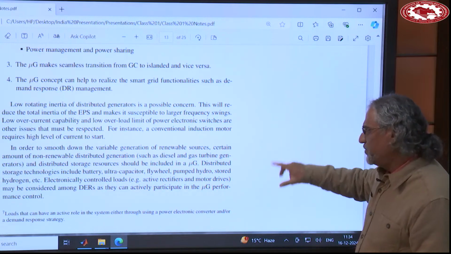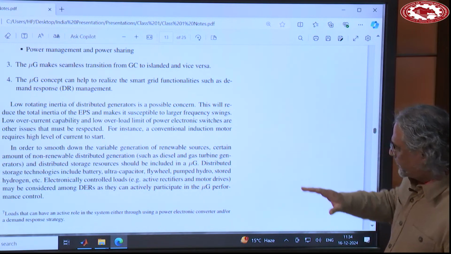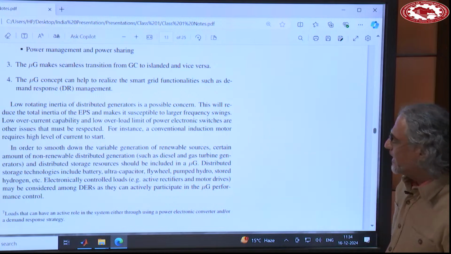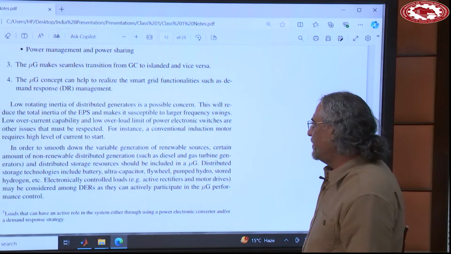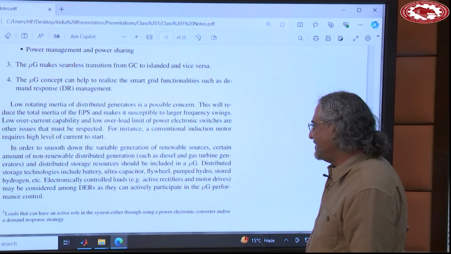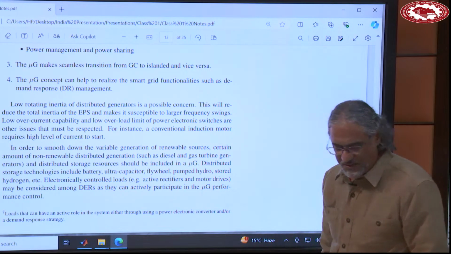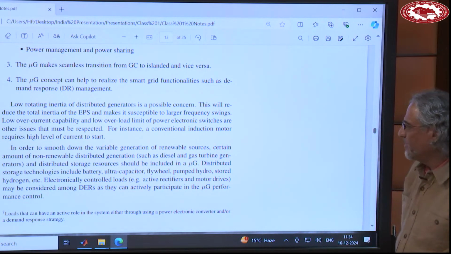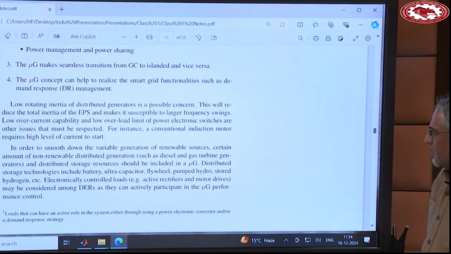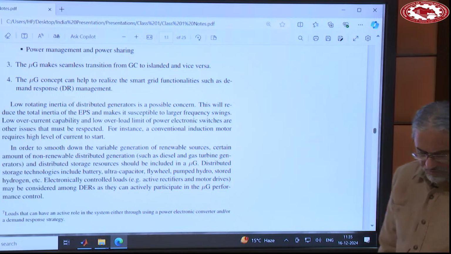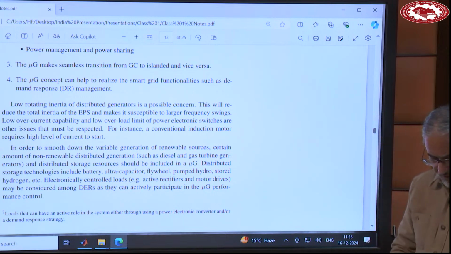So this is an introductory chapter, so sometimes it is a little bit disjointed. For instance, now here I'm talking about inertia. This is another aspect that we have in the power system. The kinetic inertia of synchronous generators, as you all most likely know, has been very important in maintaining the stability of the power system.